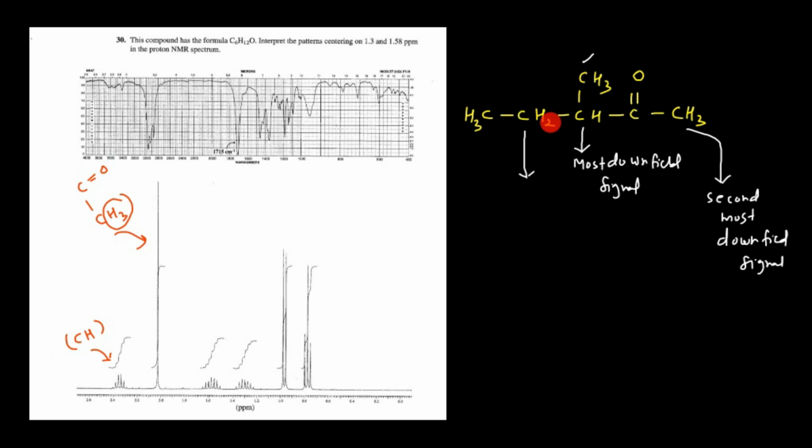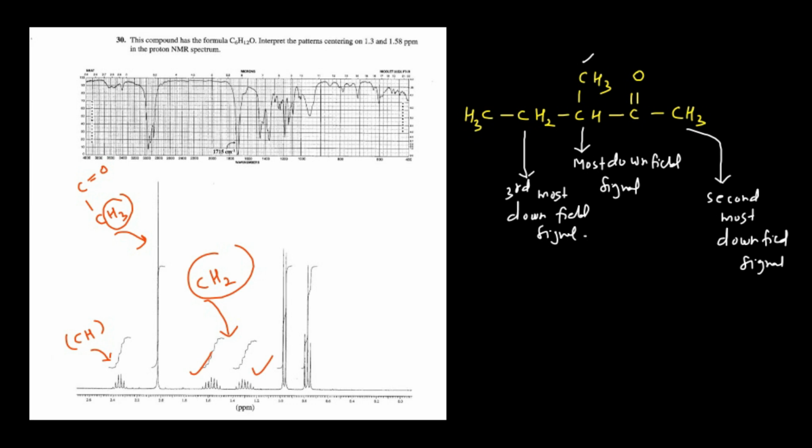So the de-shielding effect will be higher on these 2 hydrogens when compared to these 3 hydrogens. So this would be your third most downfield signal. It clearly indicates that this particular signal is due to the CH2 group, right?